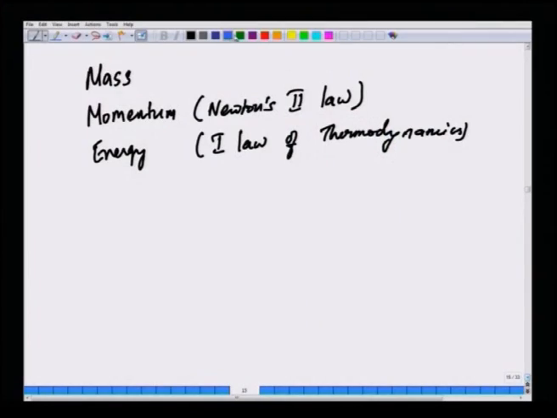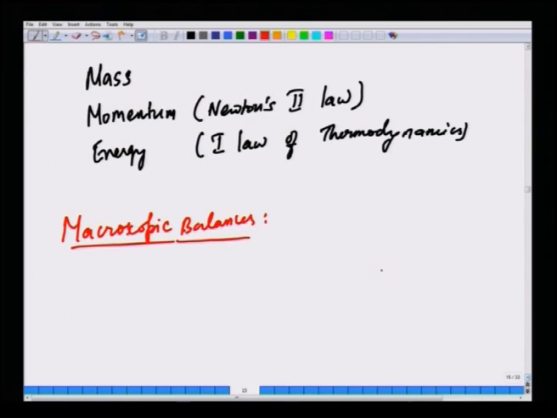Now, there are two ways to go about it. The first approach is what is called the macroscopic approach. The macroscopic approach says that you apply the principles, or macroscopic balances, over larger regions of volume.